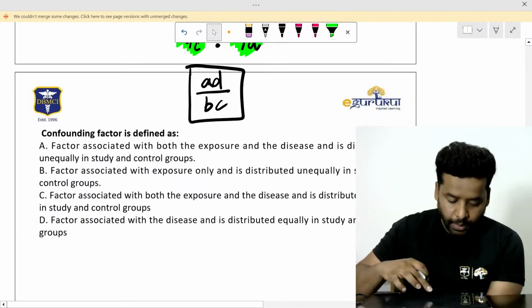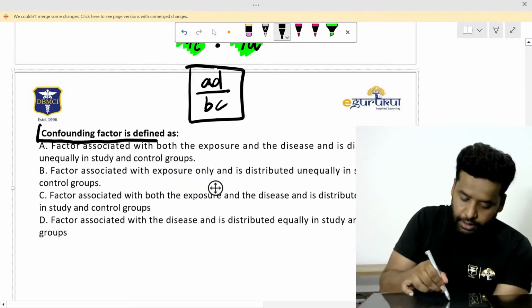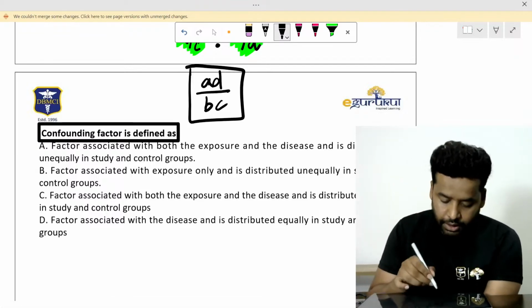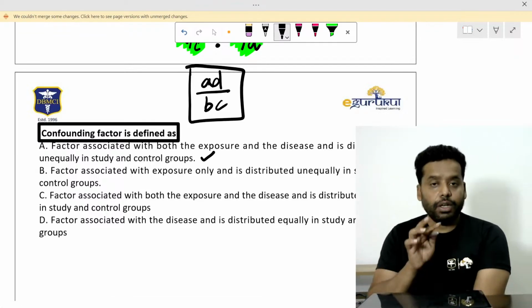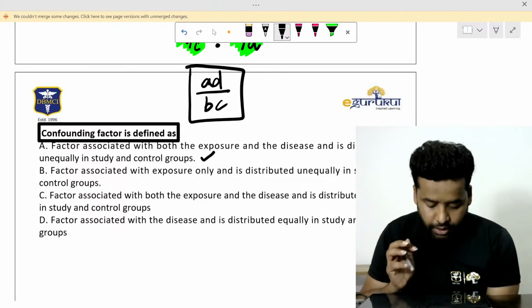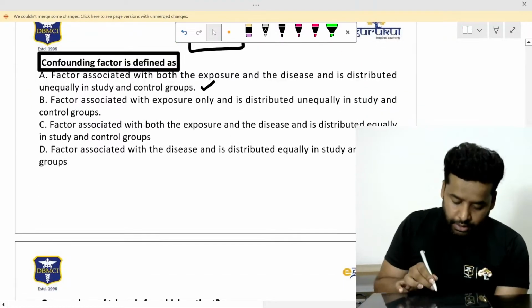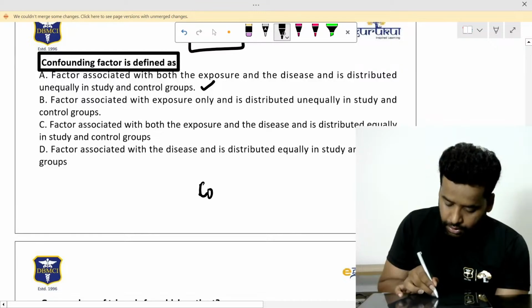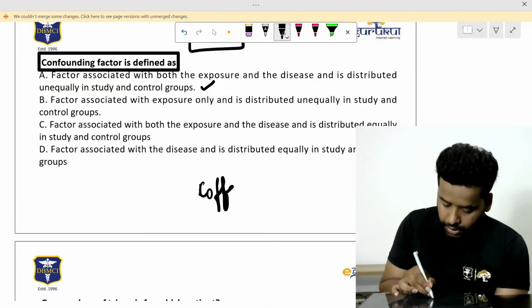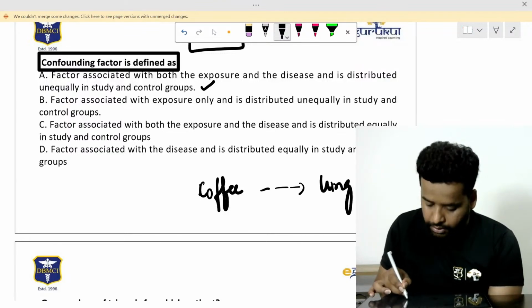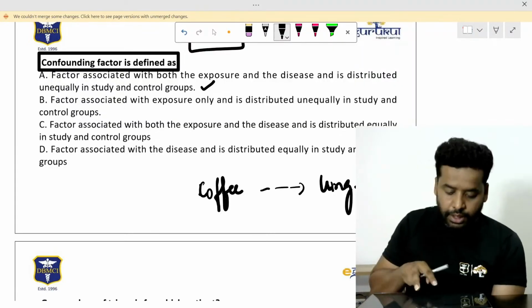Good. A confounding factor is something which is associated with two things and is distributed unequally between two groups. Then only it will cause a distorted association. For example, if I say coffee consumption is leading to lung cancer, there is a study telling coffee is associated with lung cancer.